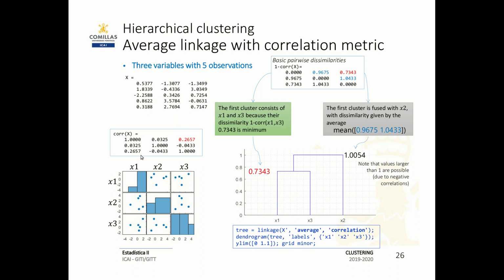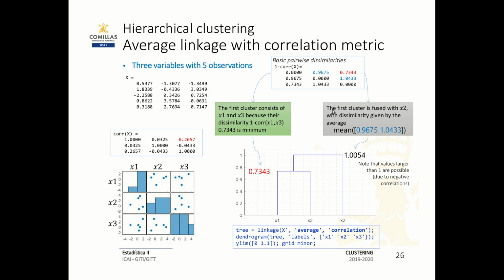Okay, so let's say, just to put a simple example, that we have three variables with 5 observations. This is the scatter plot between all possible pairs. This is the correlation matrix, and then we compute the 1 minus correlation matrix, that is the dissimilarity between elements. Then we have to choose which is the pair that is closest to each other.